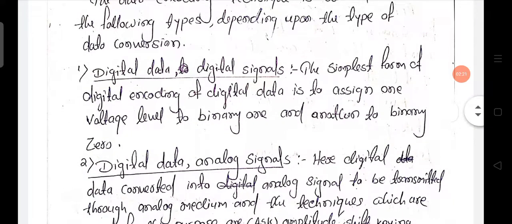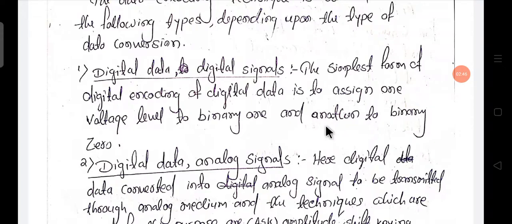One is digital data to digital signal conversion. This is the simplest format: digital encoding of digital data is to assign one voltage level to binary 1 and another to binary 0.